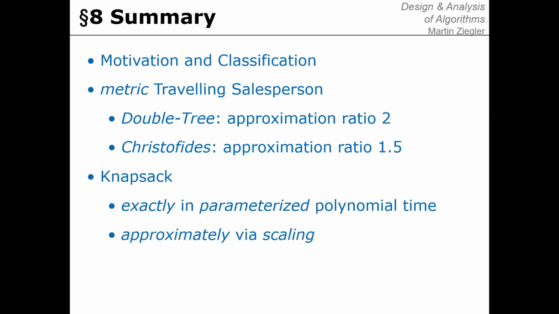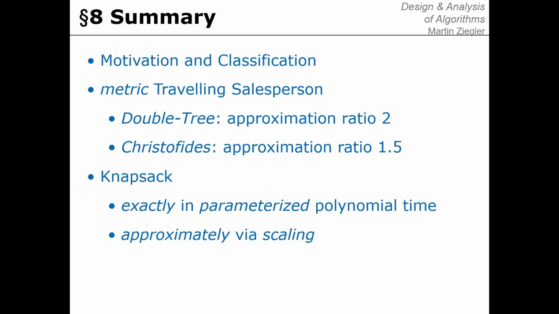And then we applied the scaling method, scaling and rounding down, which accelerates the dynamic programming algorithm because its runtime is parameterized. And we analyzed how much that scaling and rounding back to integer values, which is the difficult part, affects the unknown optimal value.